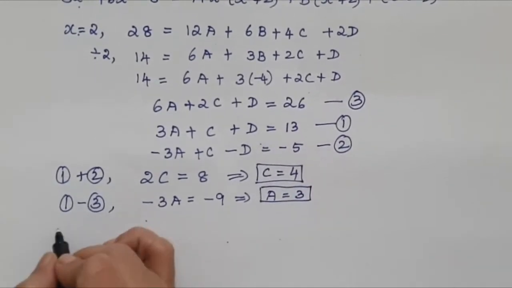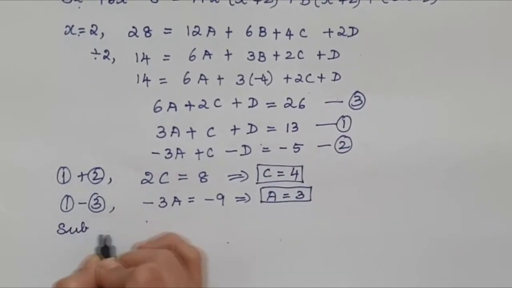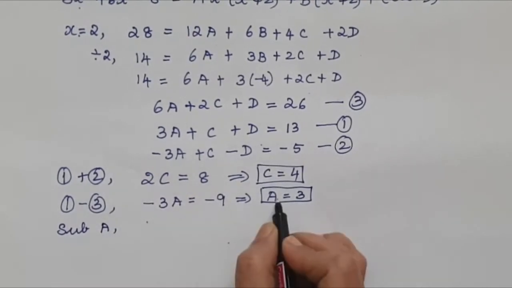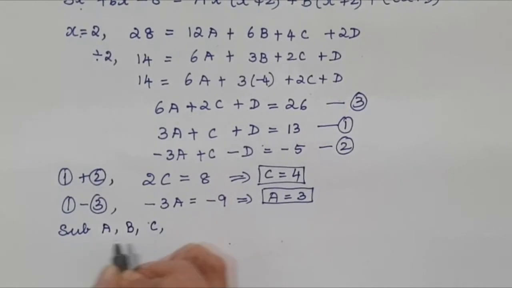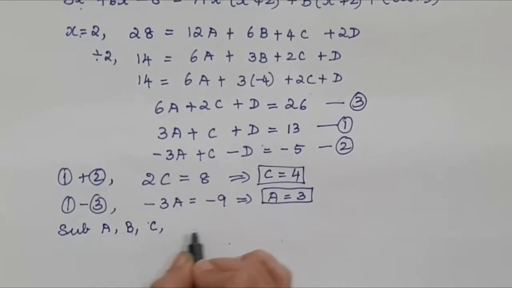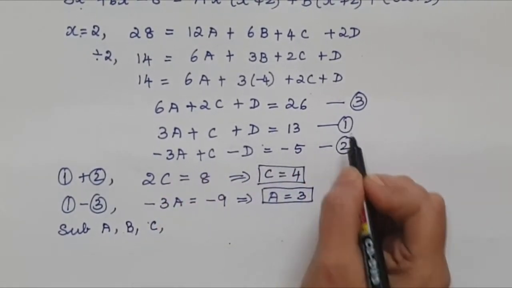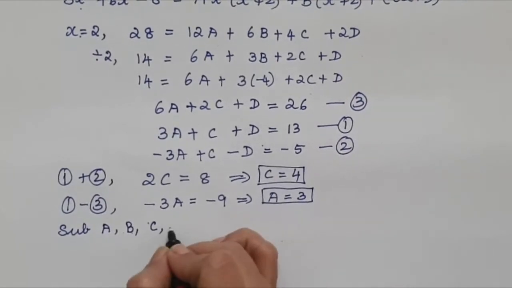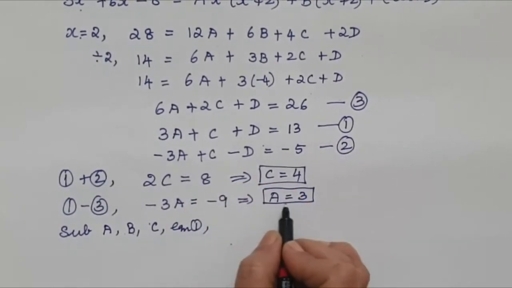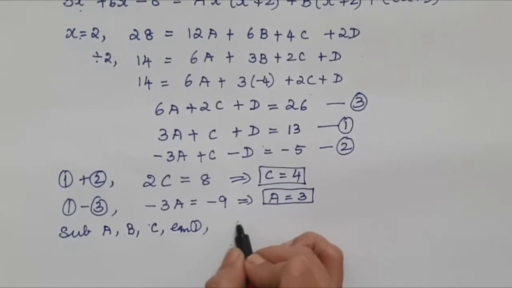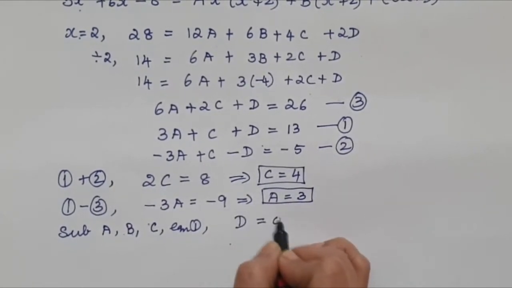Now we will substitute the values we got, that is a, then b from before, and then c. We substitute a, b, c in any one of the equations, or let us substitute in equation 1. When we substitute in equation 1, we get the value for d equal to 0.